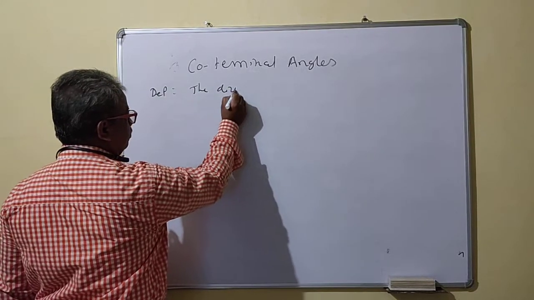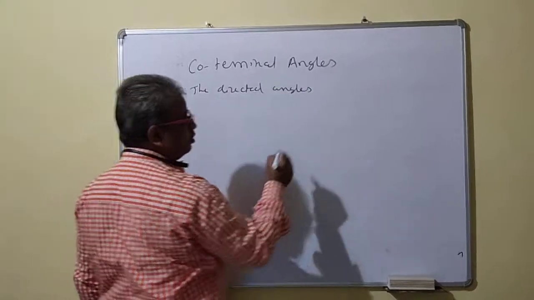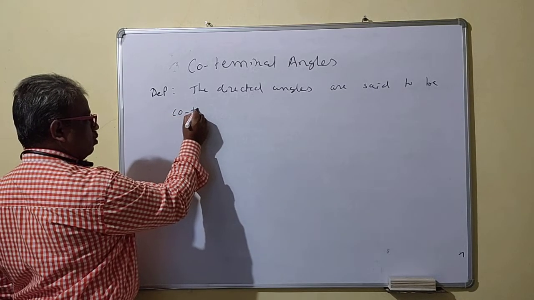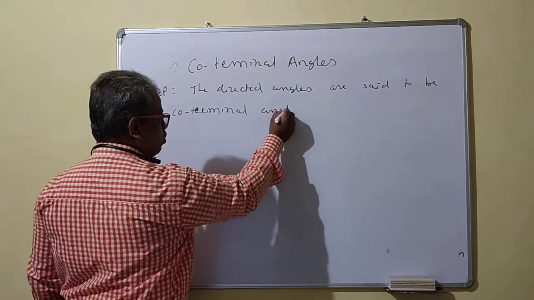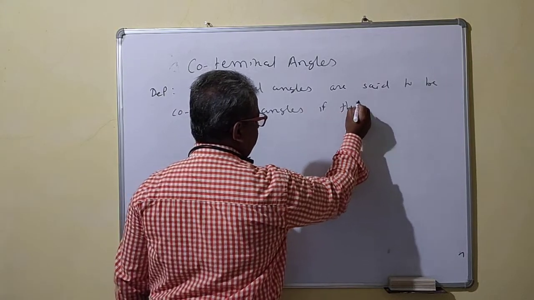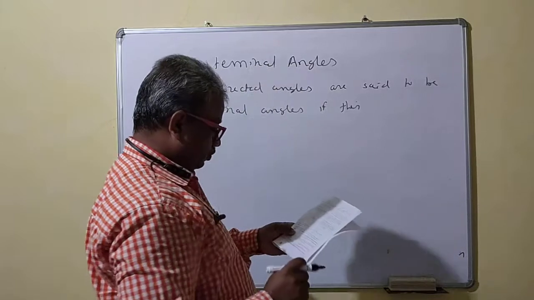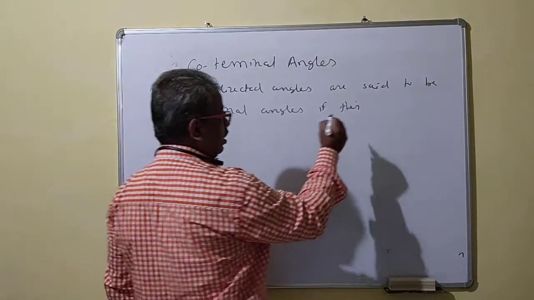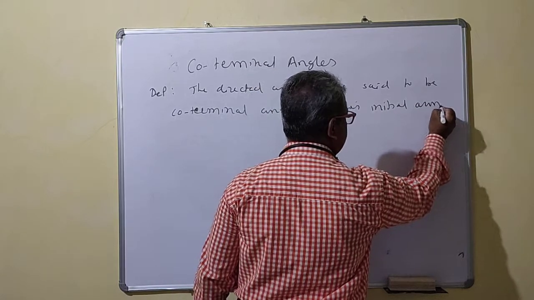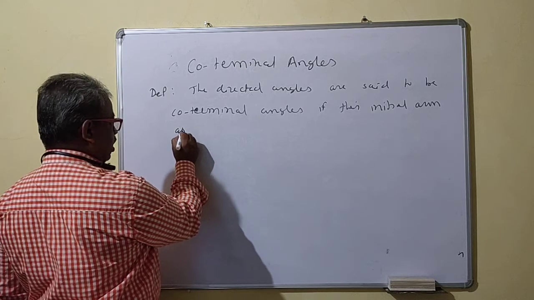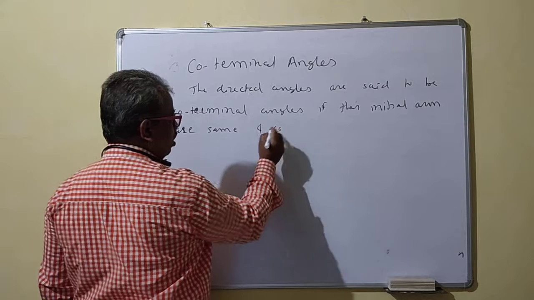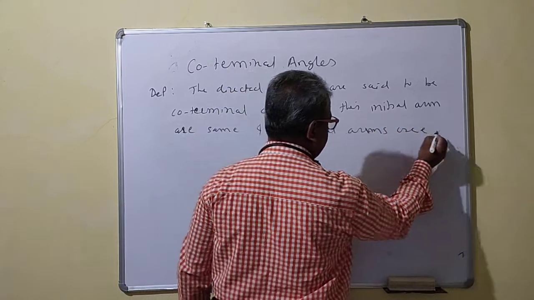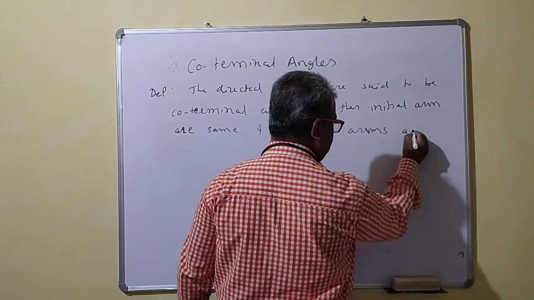The directed angles are said to be coterminal angles if their initial arms are the same and their terminal arms are also the same.